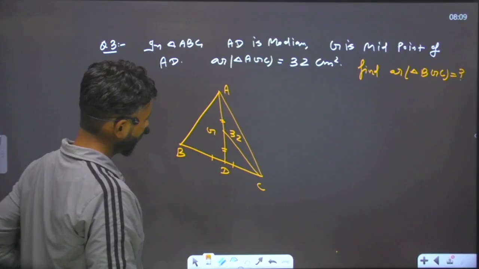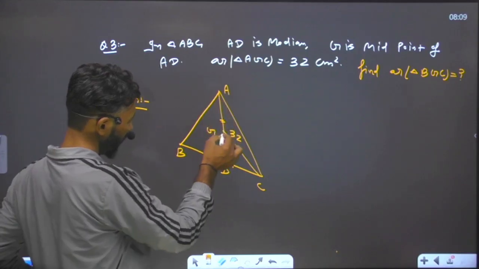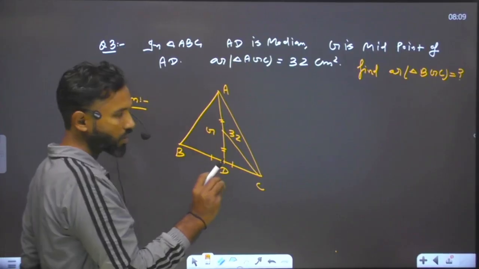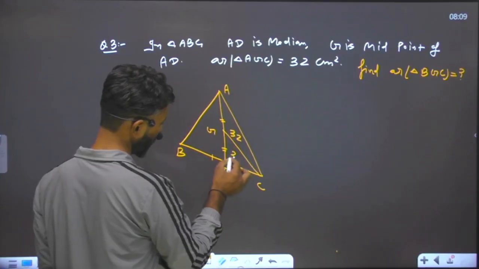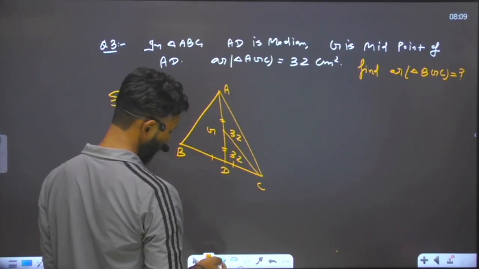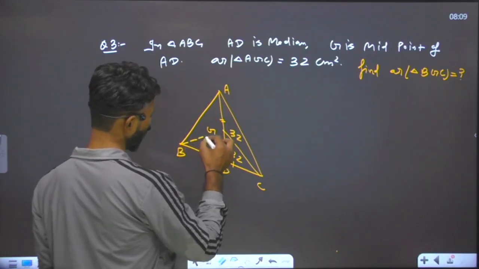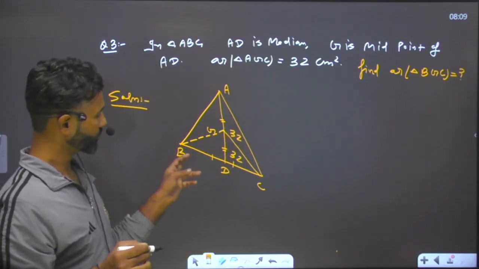So here two triangles are forming with equal bases, one is AG and another is GD. Both the bases are equal, so the areas will also be equal. So this area GDC will be equal to 32. But we have to calculate the area of triangle BGC, so I am just joining B and G with each other. Understand that? So this is triangle BGC.